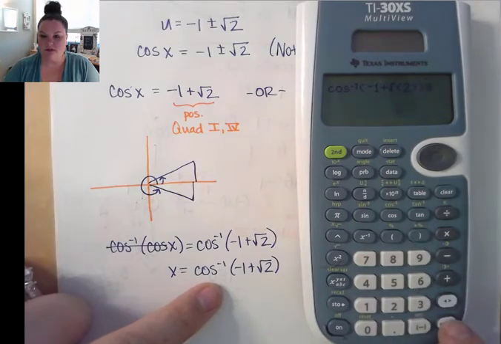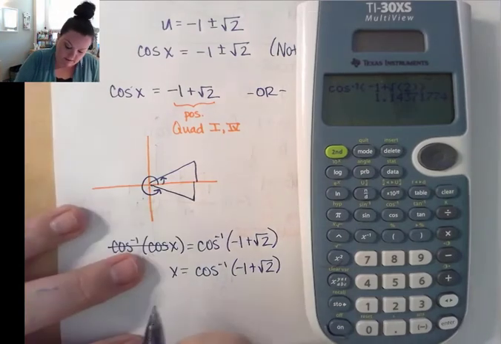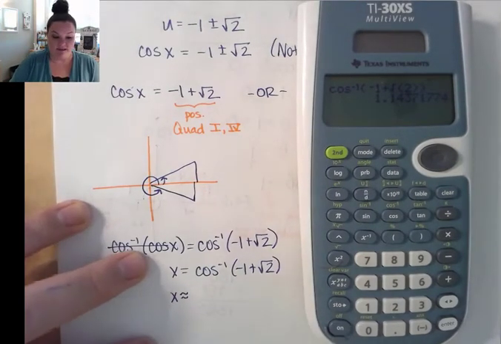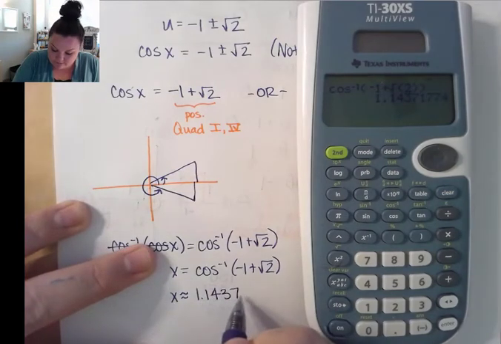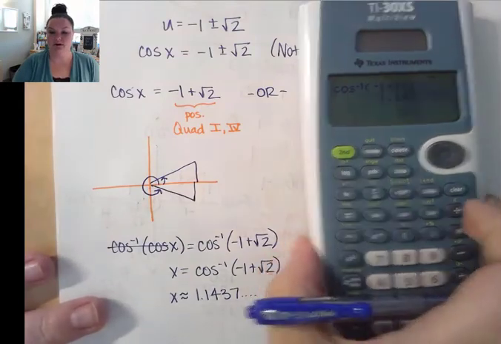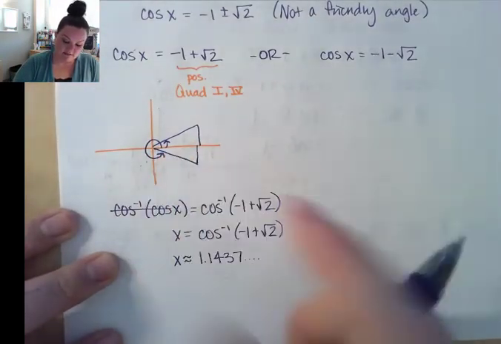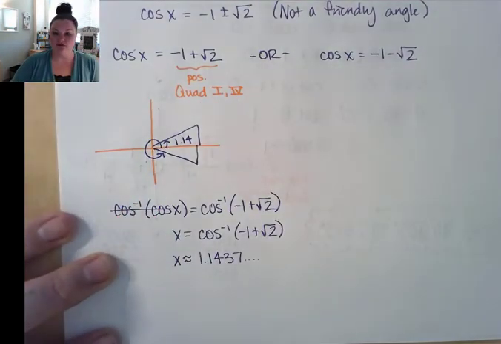And we're going to go ahead and hit enter. And this gives us an approximation, right? This says that our angle in radian measure is approximately 1.1437 blah, blah, blah, right? I'm not going to write it all down, okay? So that's what this first angle is. This first angle is approximately 1.14 radian measures, right? So that's our first answer.